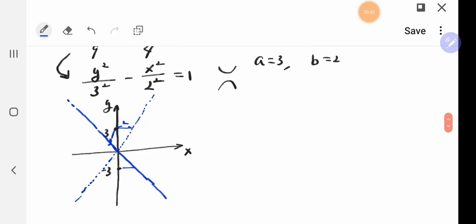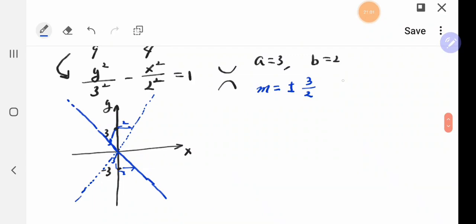Okay, so this is 3, this one is 2, right? Then what's the slope? The slope is plus or minus rise over run. Rise is 3, run is 2. So plus or minus 3 over 2.